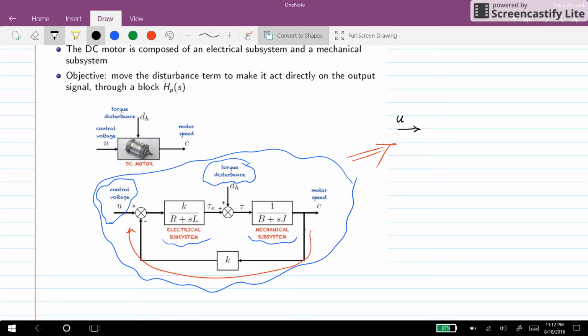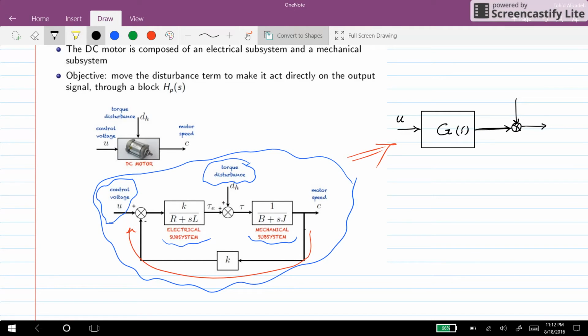So we want to have U as the input to the motor, and we would like to have the disturbance as an additive term to the output.